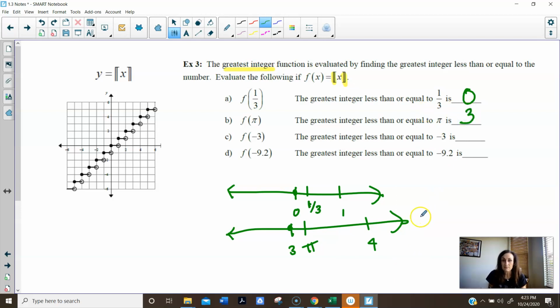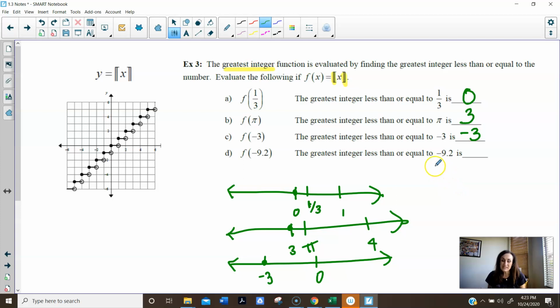So 3. F of -3. So if we're on the number line again, and here's 0, and here's -3, and I'm asking you for the integer, then your answer is just the integer. So this is going to be -3.